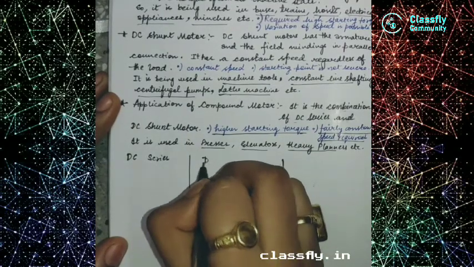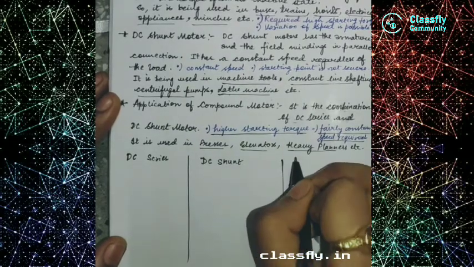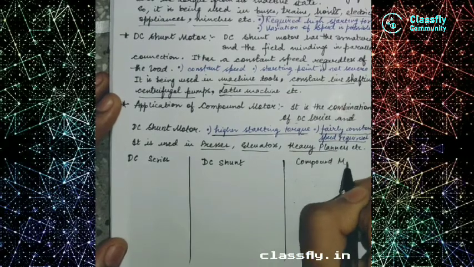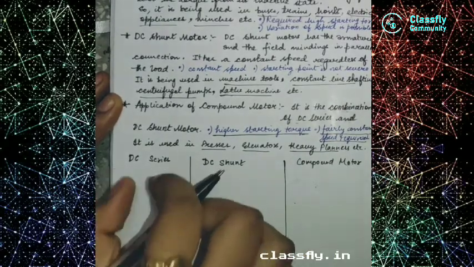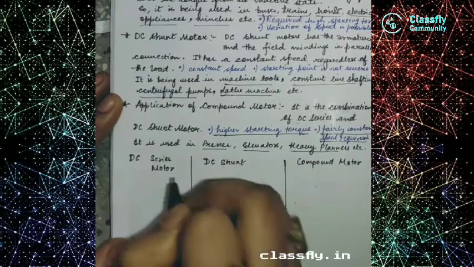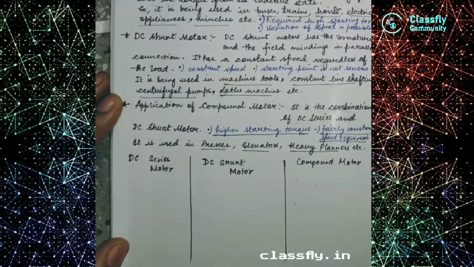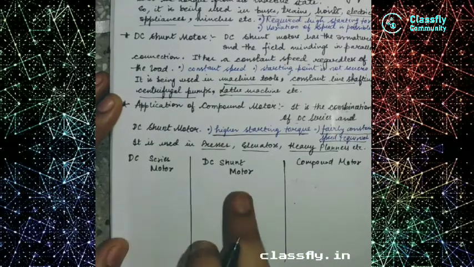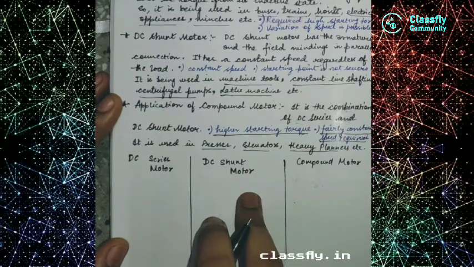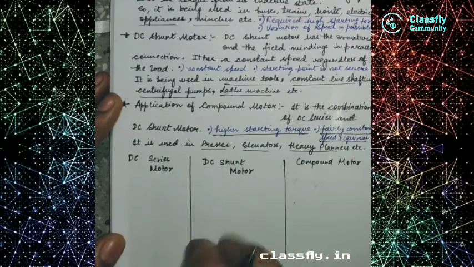In series, the field and the stator winding are in series, and in shunt it is the armature and the field winding, and the compound motor is the combination of series and shunt.